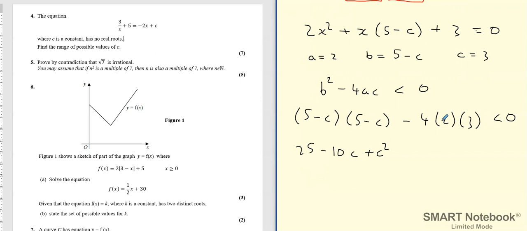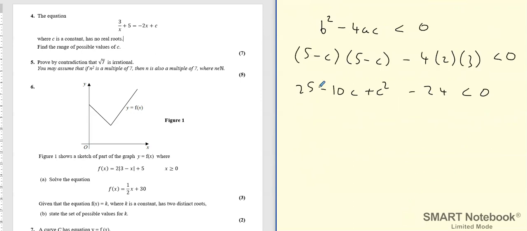Minus 4 times by 2 is minus 8 times by 3 is 24. So now we are getting to a quadratic inequality here. c squared minus 10c and then I've got plus 1 is less than 0.